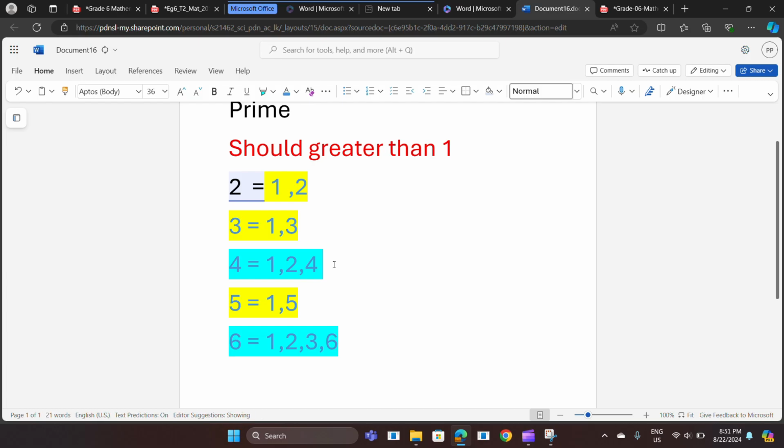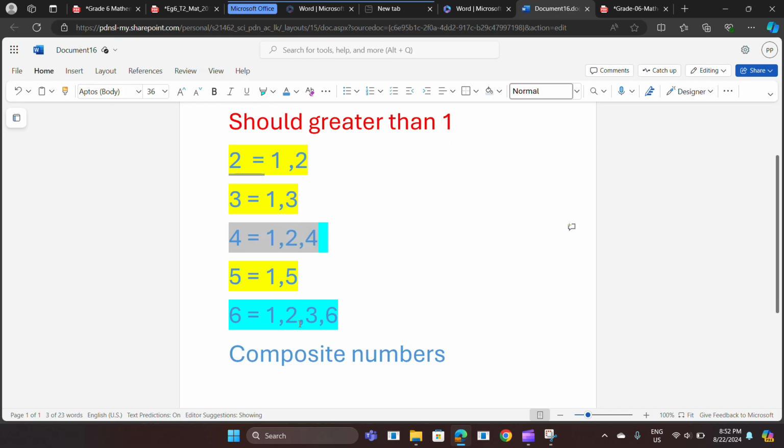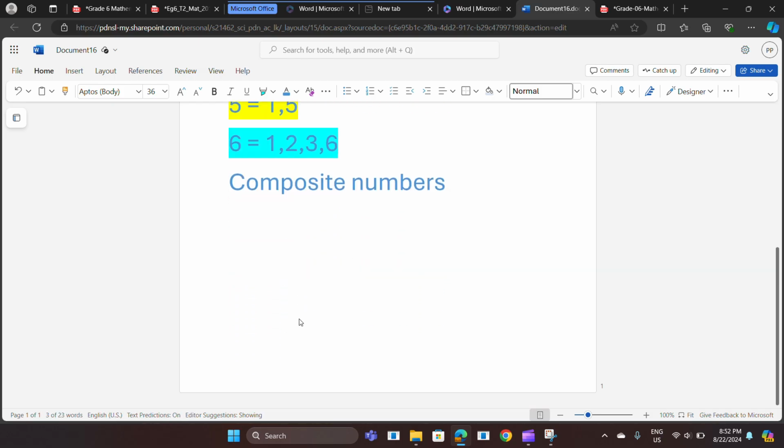Numbers which have more than two factors are called composite numbers. So prime numbers are numbers that have two distinct factors. Composite numbers are those which have more than two factors.